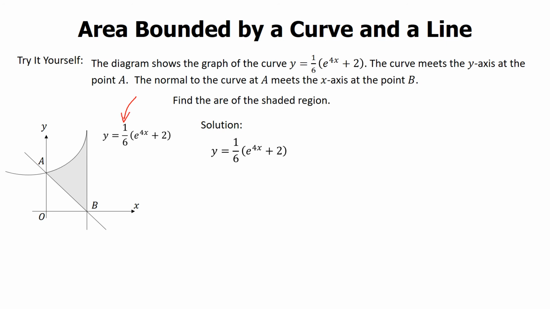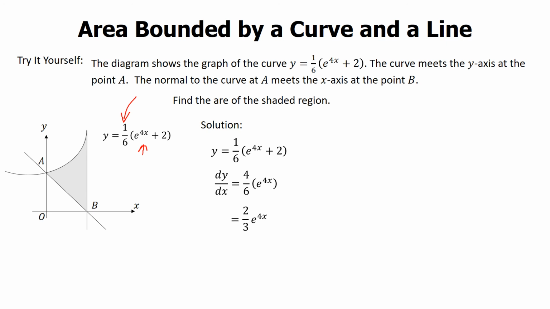If you want to make it bounded by the y-axis, we need to make x the subject for this equation, but the process will be very complicated. So we differentiate, dy over dx equals 4 over 6 times e to the power 4x.